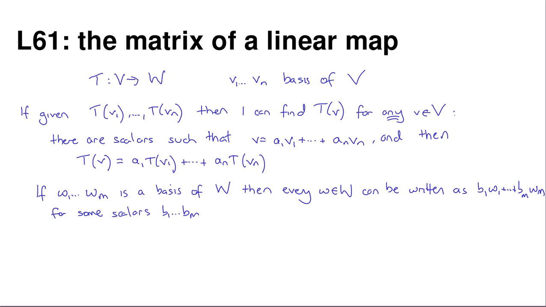So each of our images of the basis vectors V1 up to Vn of V could in turn be described as linear combinations of our basis for W. That means we can completely describe a linear transformation T from V to W using the following data.